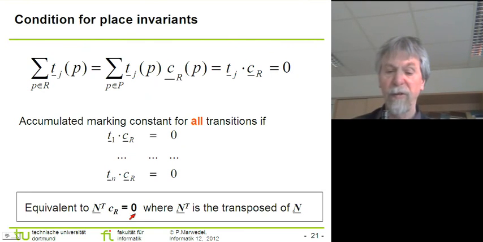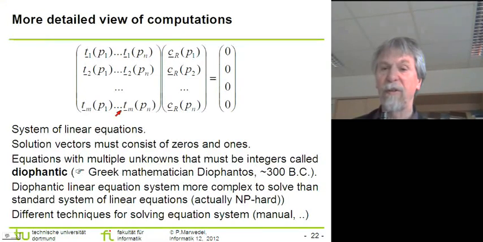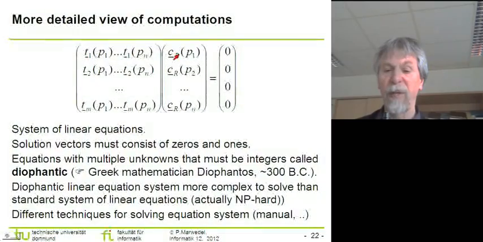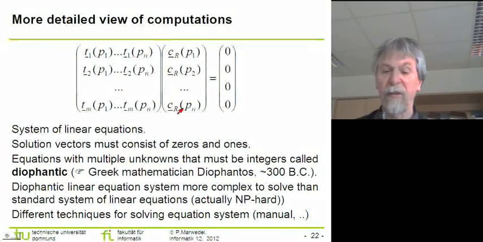Just to convince you that this is indeed true, I'd like to look at what this matrix notation actually means. Matrix notation means that we take that entry there from the matrix, multiply this by the first entry from this vector, take the second entry there, multiply this by the second entry from that vector, and repeat this until finally we are multiplying this last entry in this matrix by the last entry in this vector.